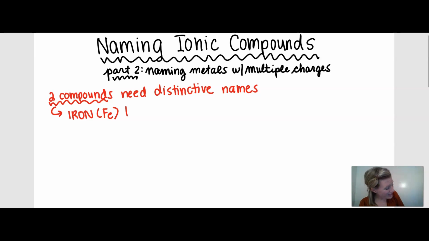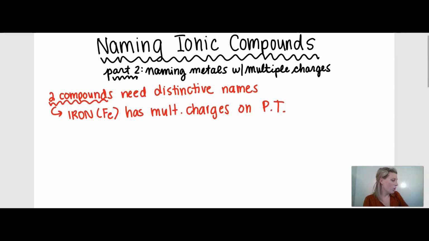So iron, Fe, has multiple charges on the periodic table. And so we're going to use what is called the Stock system naming.